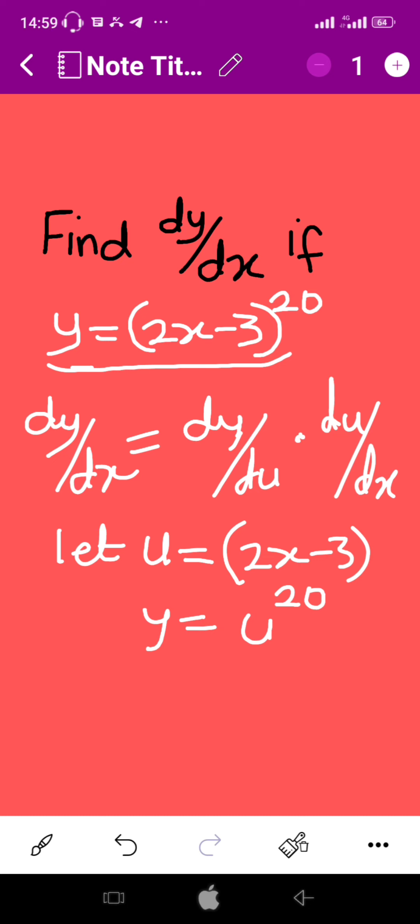So now let us go to the formula. Inside the formula we have dy/du. Now let us differentiate y with respect to u. Okay, that is what they mean by dy/du. Let's do this on the next page.